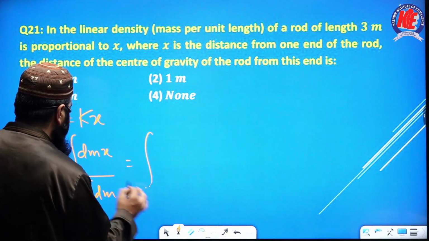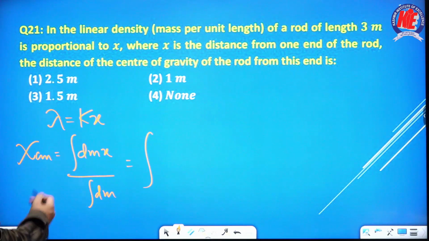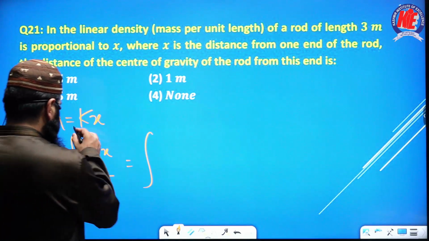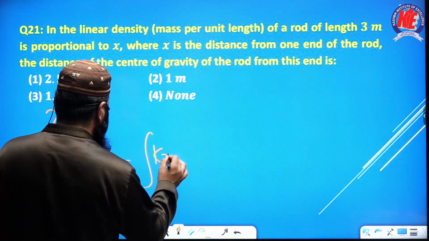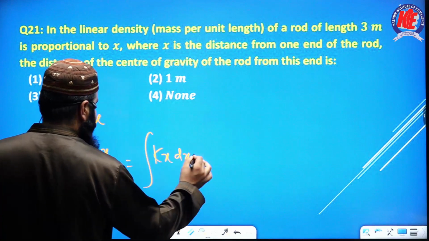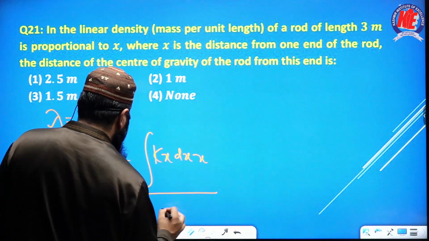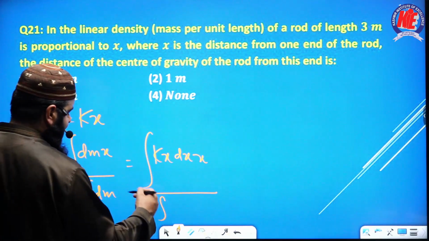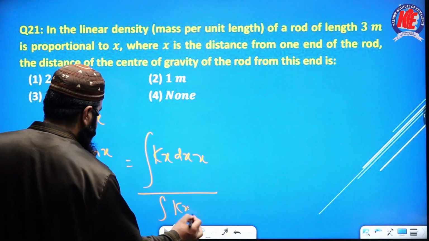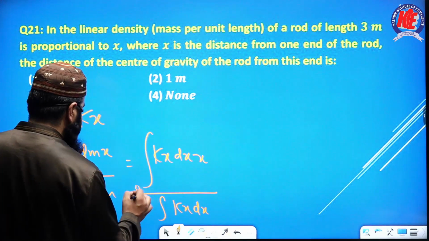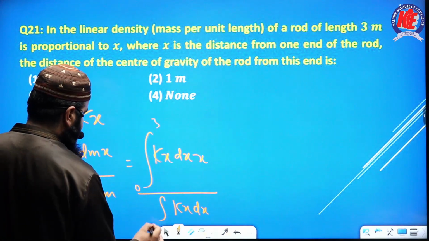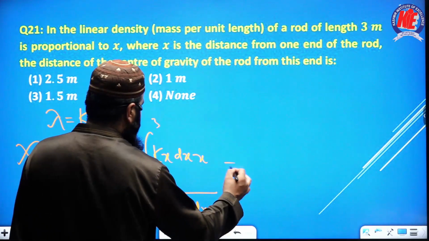Integral dm is lambda into dx, so that will be lambda, आपका kx है, multiplied by dx, और यहाँ पे आपका x है, divided by integral dm के बदले वही lambda into dx, that is kx into dx. And what are the limits? From 0 to L and the length is given as 3, 0 to 3. Come on, solve the integral now.